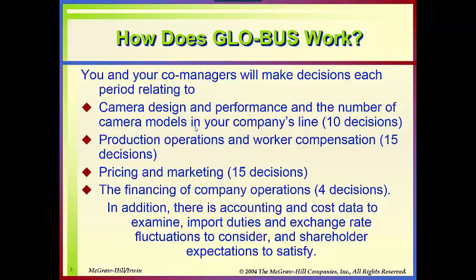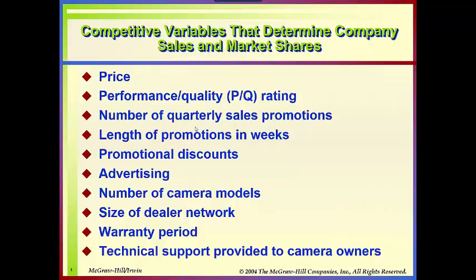So, in addition to all those decisions, you're going to have a whole bunch of report information that you can review each week to make decisions about what's the best levels to make each of your decision inputs at. Many of these factors I already talked about, but price, your performance or your quality rating is basically a summary or a composite of all of the decisions you make about the features of your camera.